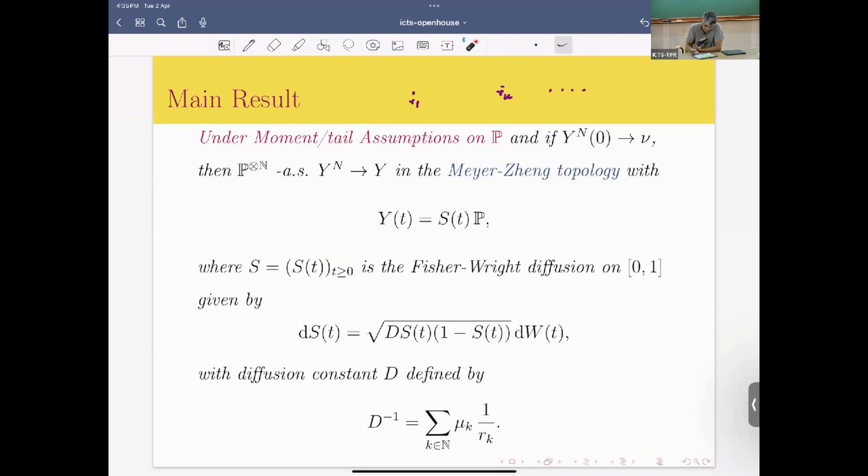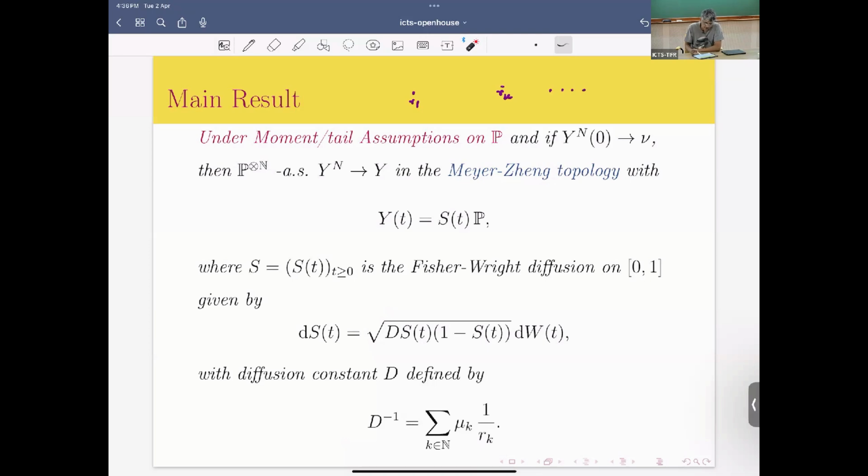Then, of course, it's expected that the process converges to a Wright-Fisher diffusion, but with a different variance constant. Before d was equal to 1, here d is something like the inverse mean. So in some sense, if the resampling rates are very, very large or very, very small, it will affect this constant d. And if it's all 1, then it's the same thing. There's nothing new.